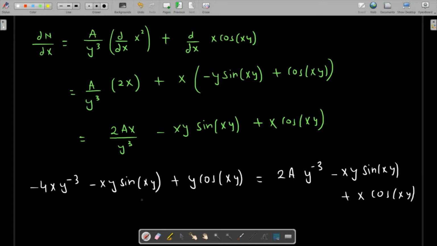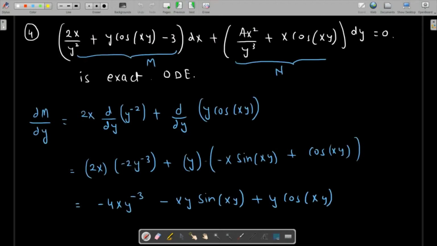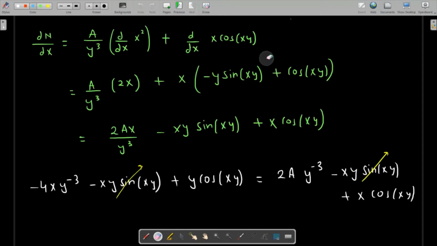If you notice carefully, these two expressions get cancelled, and we have to make one small correction over here. When we are taking the first term out, the parentheses is going to close over here, so the y won't come over here. And likewise, the parentheses is going to close over here, so this expression also won't have any x.